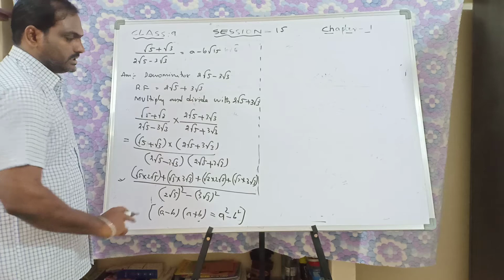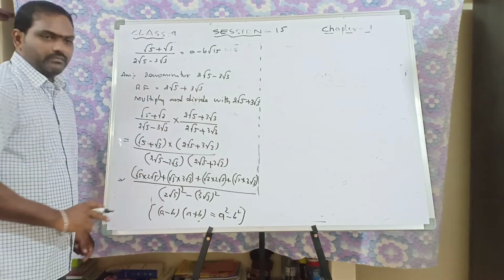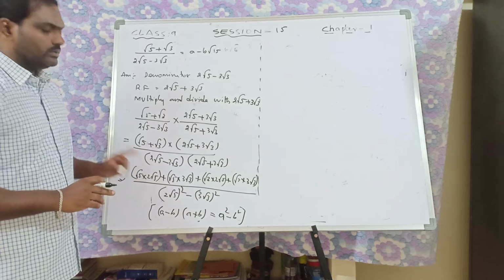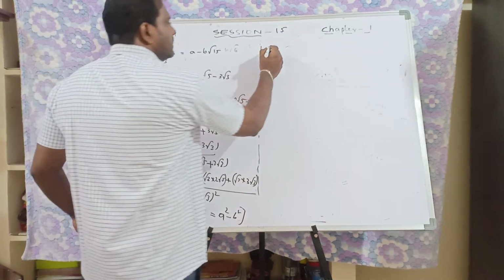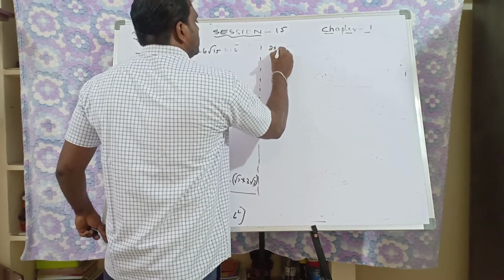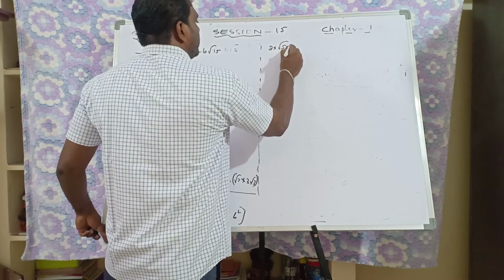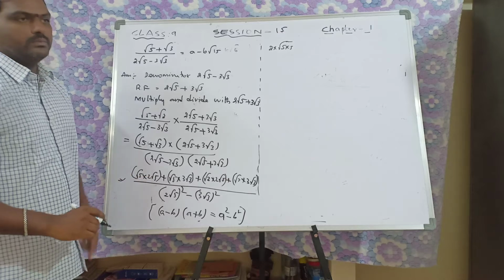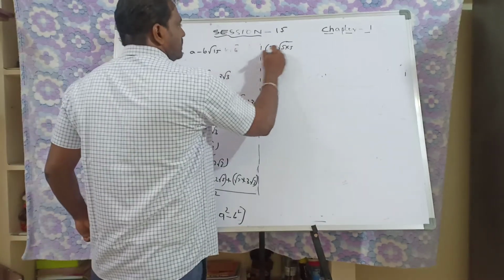Now look at this. Whenever a root is there, we have to multiply the root terms only. So root 5 into 2 root 5 means 2 into 5, because we multiply the root terms only. This is the first term.